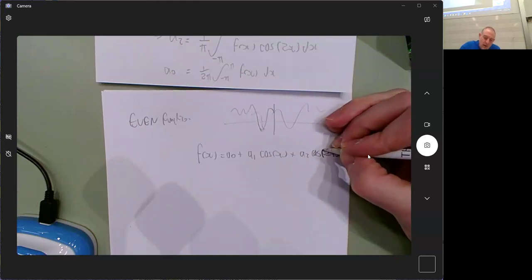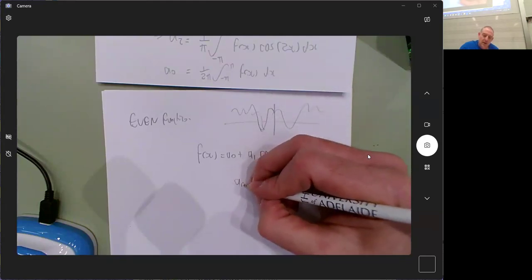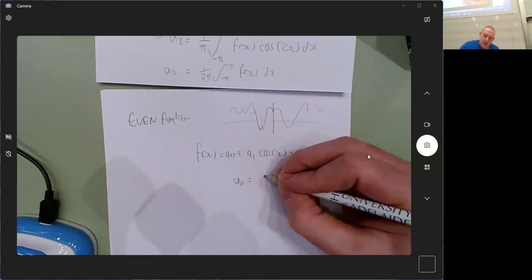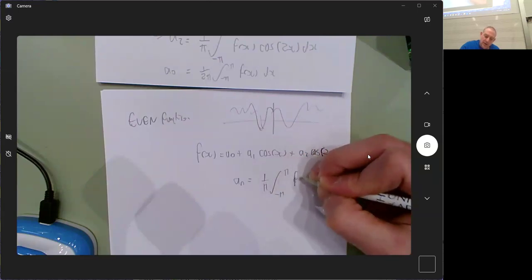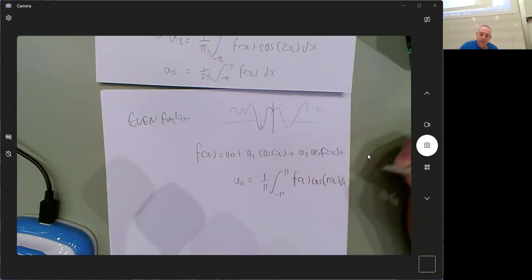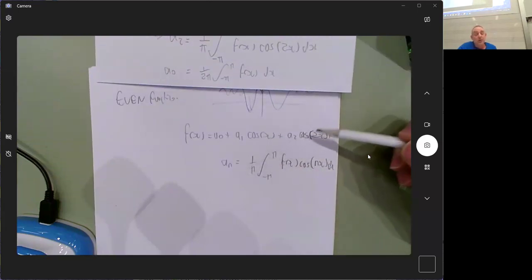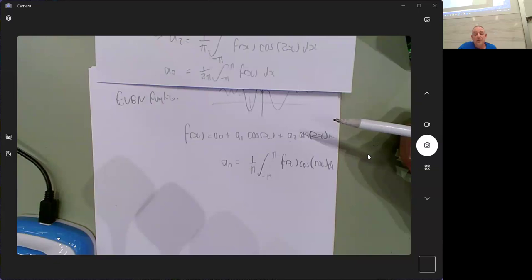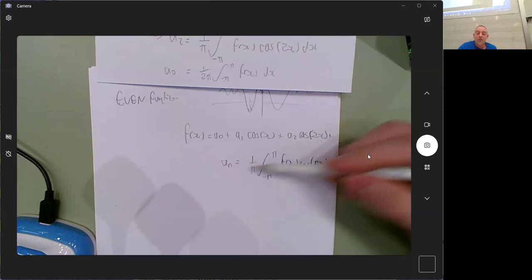I know that the various numbers that go in these spots, that a_n is going to be 1 on pi times the integral from minus pi to pi of f of x cos of nx dx. This will give me the coefficient, but there's no particular reason why I shouldn't use a number that isn't a whole number.